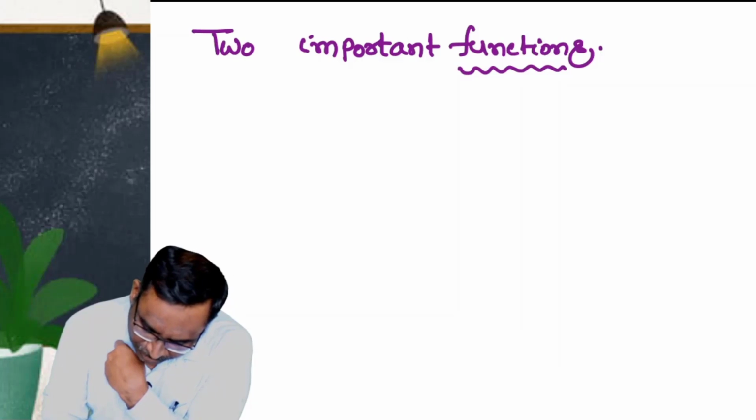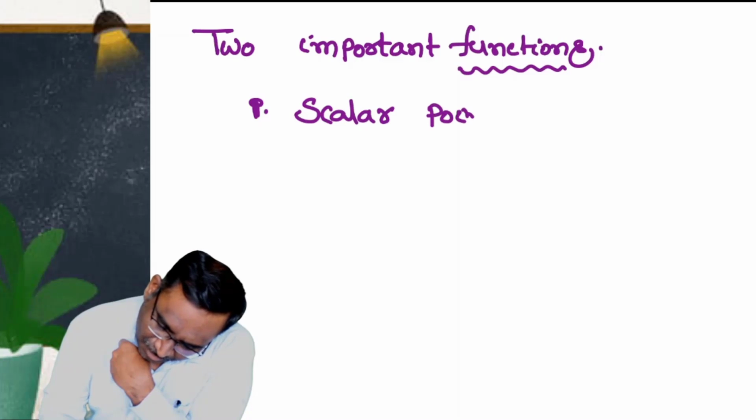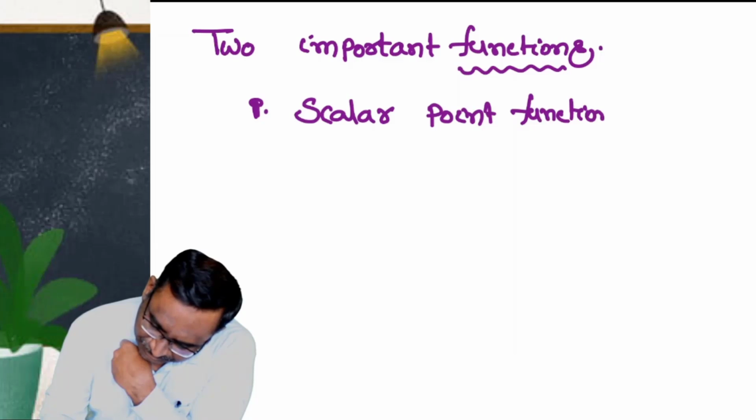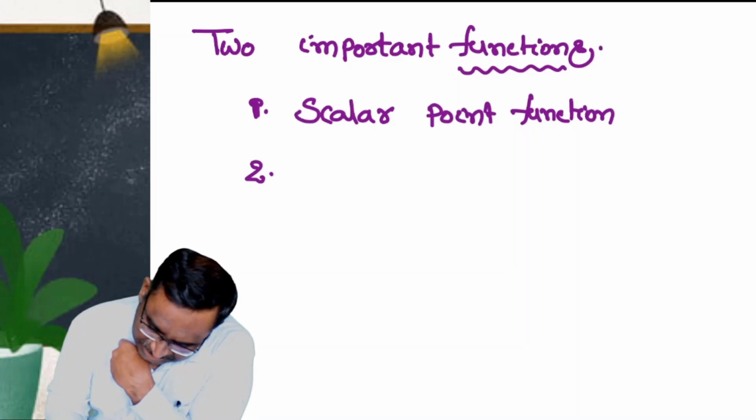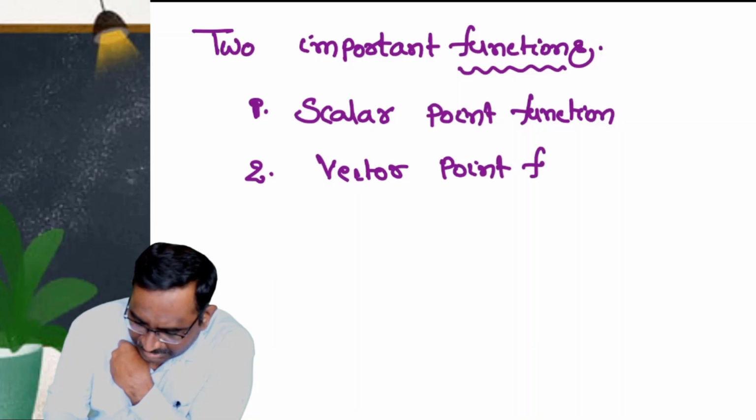The first one is the scalar point function. The second one is the vector point function.